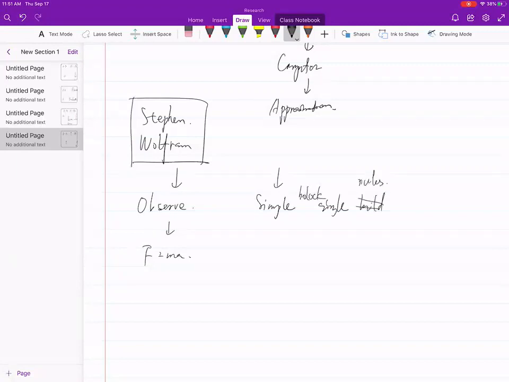Then it's almost like farming. You plant the seed, and then you let that thing grow in the computer. After a while, you can imagine those simple things grow into very complicated patterns. And those complicated patterns usually are meaningless.